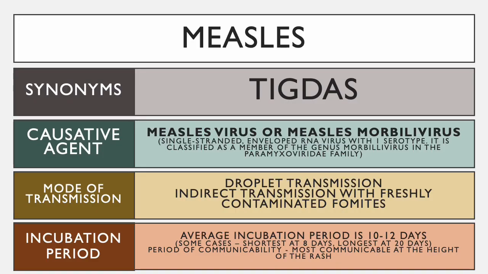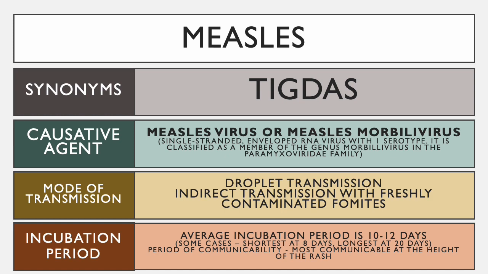Now, this is just a simple fact sheet about measles. So, in Tagalog, we call measles as tigdas. Ayan. The reason or the cause for measles is a measles virus or a measles morbillivirus. Now, this is a single-stranded RNA virus, okay, with one serotype.